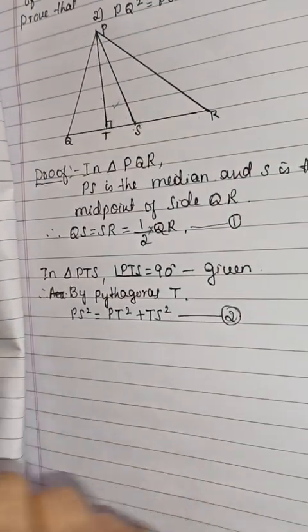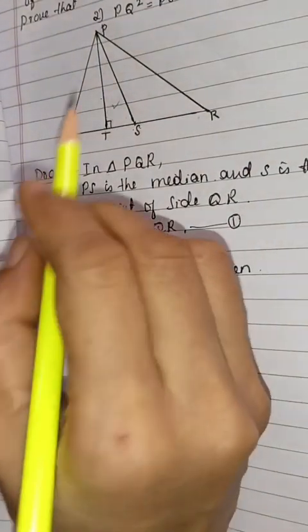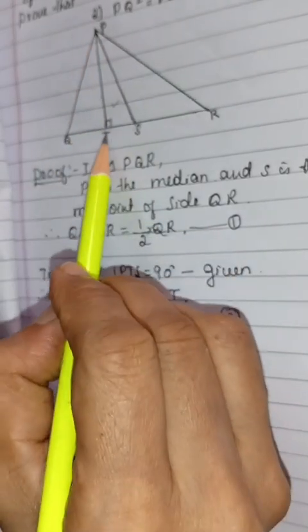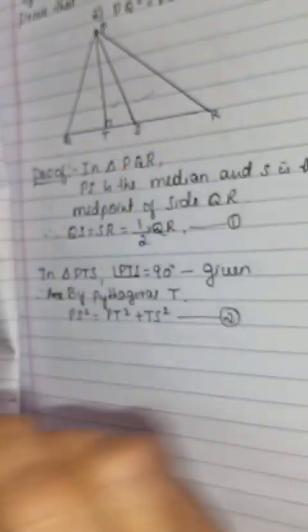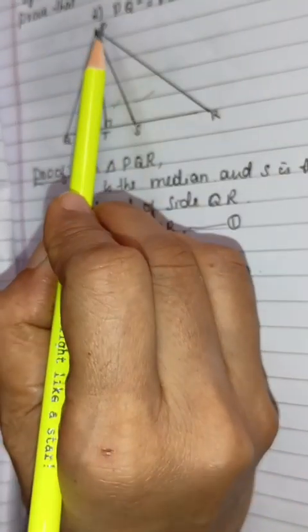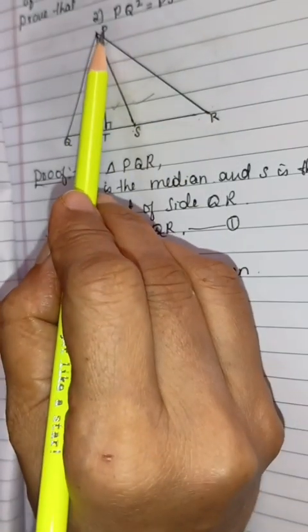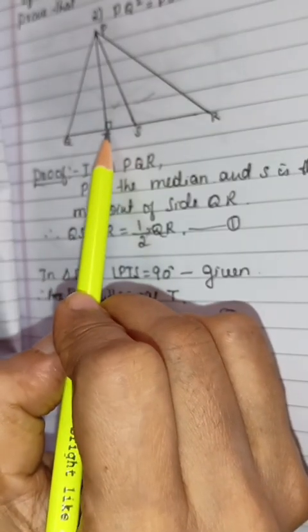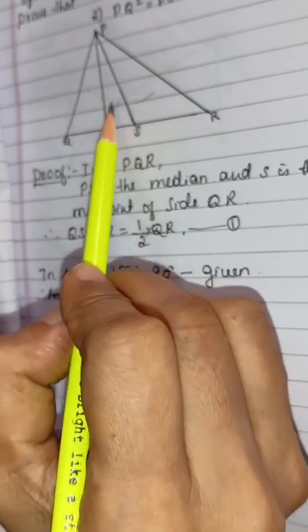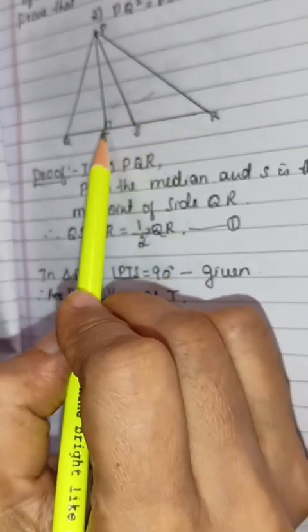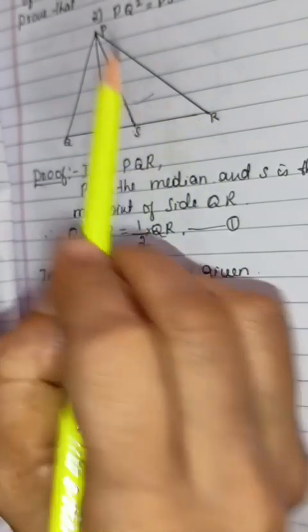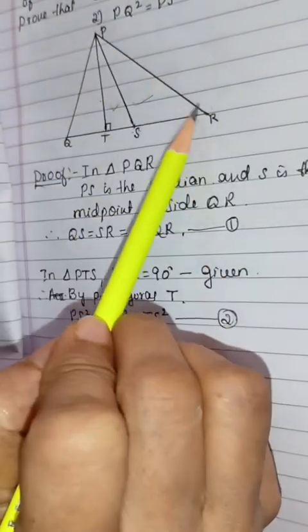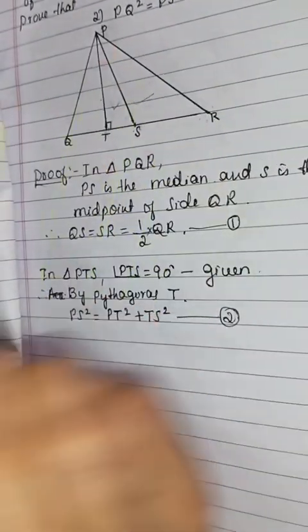Now let's consider triangle PTR, this whole triangle. In triangle PTR, angle PTR is 90 degree. This is also given. So according to the Pythagoras theorem, PR square equal to PT square plus TR square.